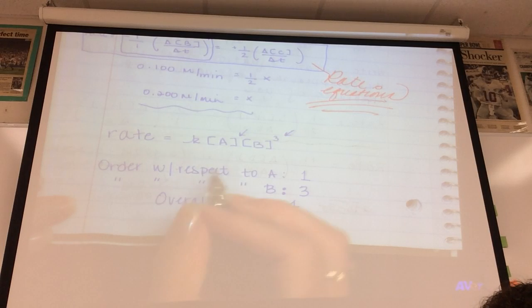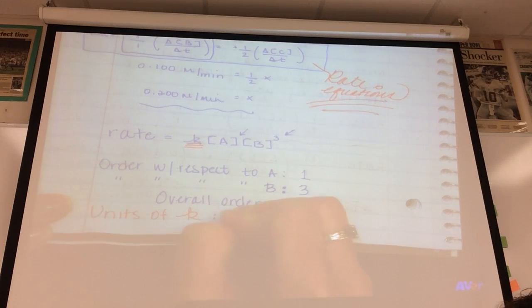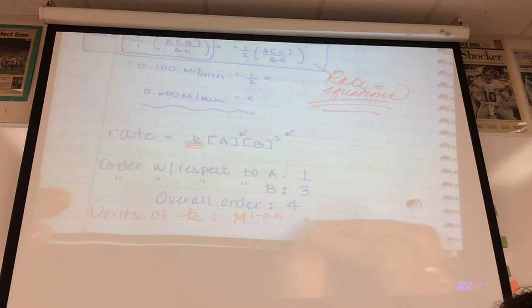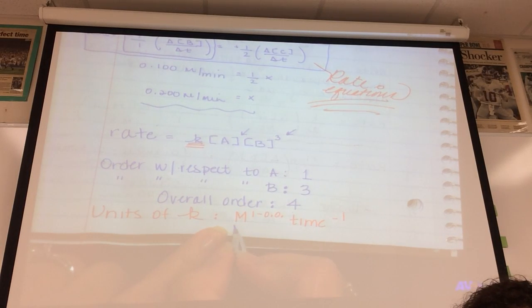The other thing you want to see right away is the units of k, the proportionality constant. This is going to be molarity to the 1 minus overall order, abbreviated OO, times time to the -1. So in this example, we'd have M to what power? -3.